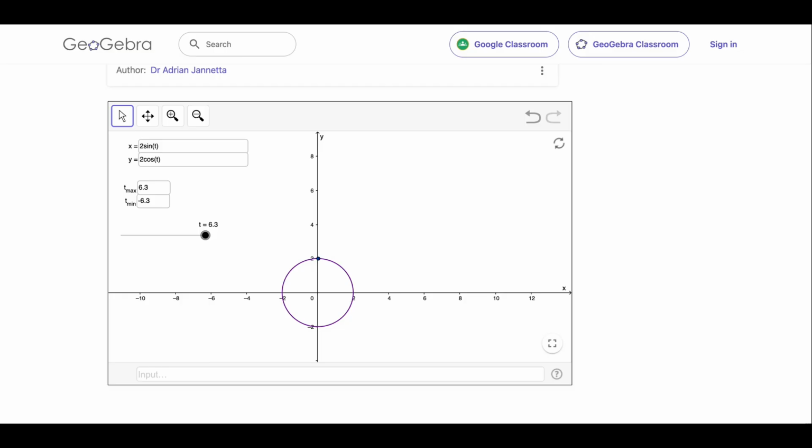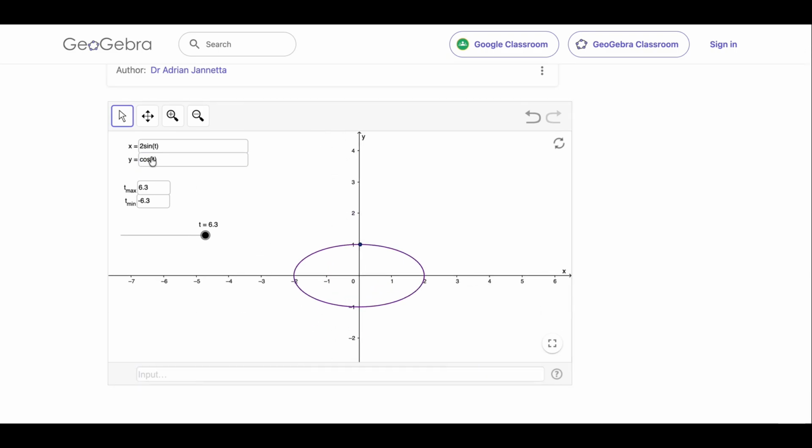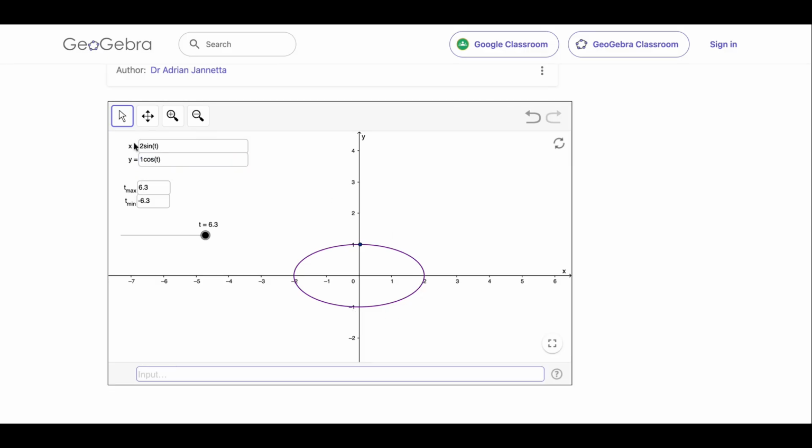Now, you kind of saw for a tiny flash there that if I put a 1 in for y, notice how this looks like an ellipse. And yes, this is exactly how you parameterize an ellipse. Instead of the two radii having to be equal to each other, instead of the two numbers here being equal to some fixed radius r, you can have two different radii. In this case, the radius along the x direction would just be 2.